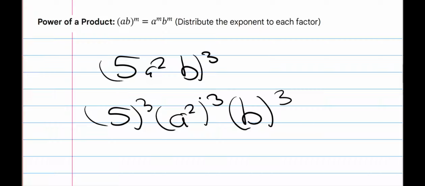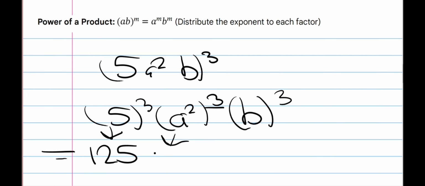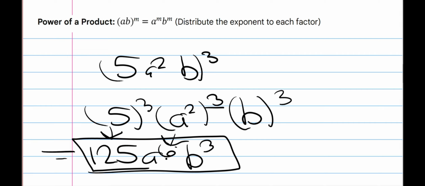First is the power of a power rule, and I would say product rule, if I'm right, but let's just answer it. So 5 cubed would give us 125. And a squared with an outer exponent of 3 would give us a to the 6. And that would give us automatically b to the 9. And that's your final answer.